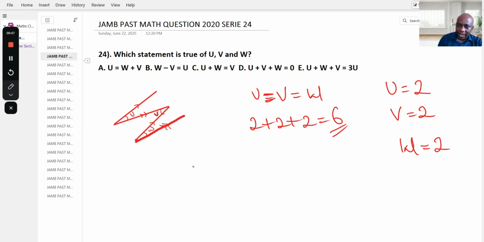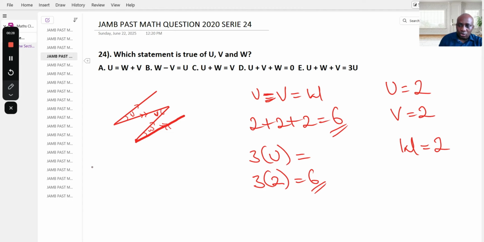Or we can say 3 multiplied by U. What are we going to get? What is our U? Our U is 2, isn't it? And 3 times 2 equals 6. It means that it's the same thing.